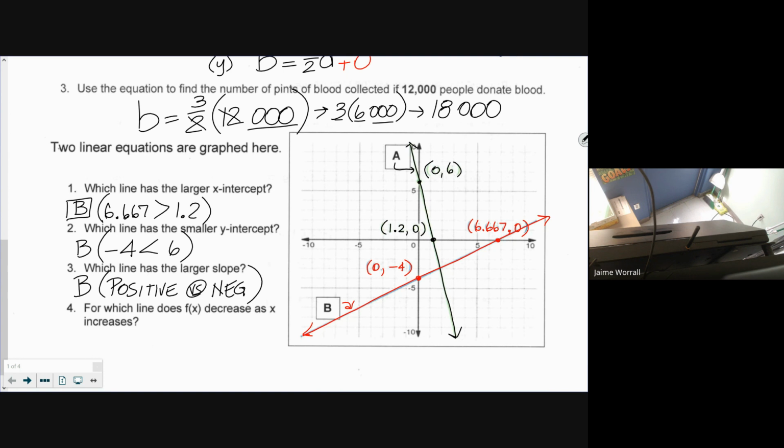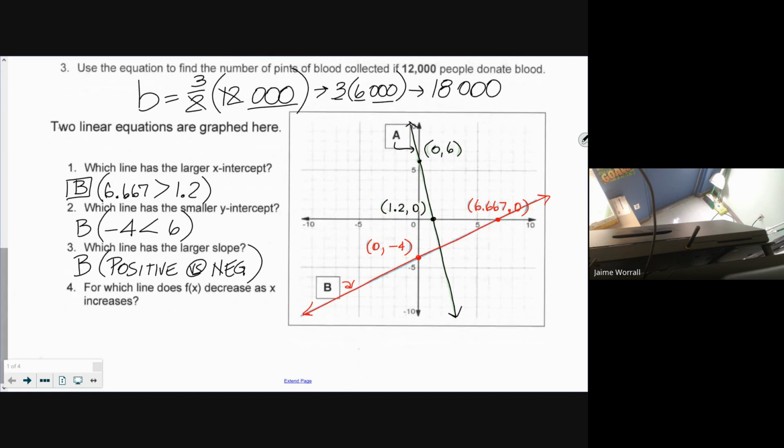Okay, now here comes your end behavior stuff. For which line does f of x... Okay, so hear me out. So as x is increasing, as x is approaching positive infinity, you're looking for which line is doing this?